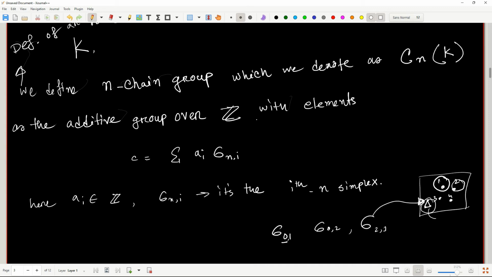So these are the type of elements that we have in the chain group, right? And these elements, that means it's a single element, right? These elements are called an n-chain. So the idea of this n-chain group comes from that if you can construct these n-chain objects, and you can easily show that they form a group.